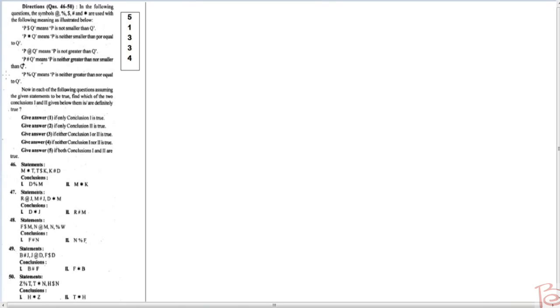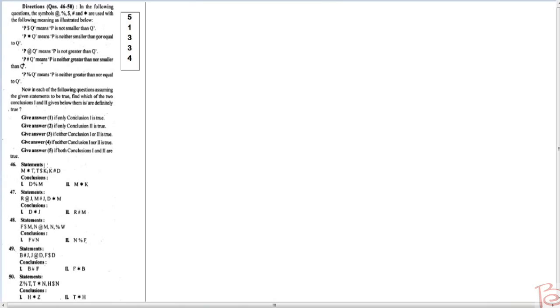A symbol will be given, and what we have to do first is convert that symbol into the normal greater than or smaller than symbols. Then after that we have to read the statement and convert the statement into the normal form, and after that we have to see whether the conclusion is correct or not.